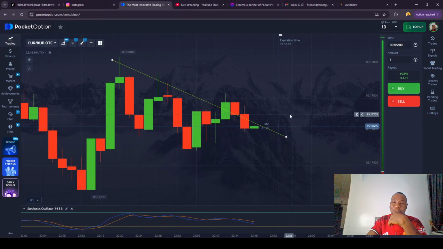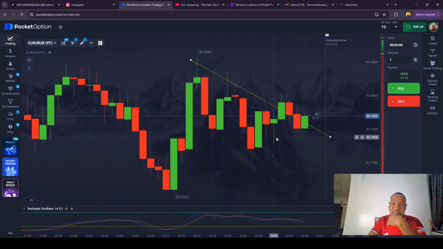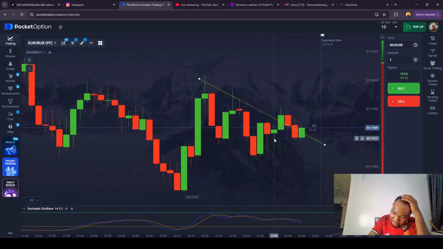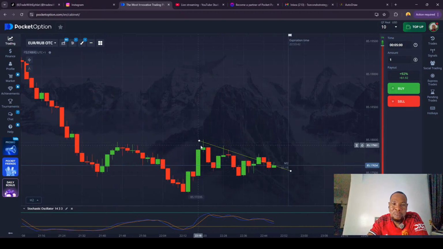If you're using 1 minute, from my experience, it gives you less time to make a decision about a particular entry, and at the end of the day you will start experiencing a trading psychology called FOMO, the fear of missing out. But I think the 2 minute chart has been really calm.